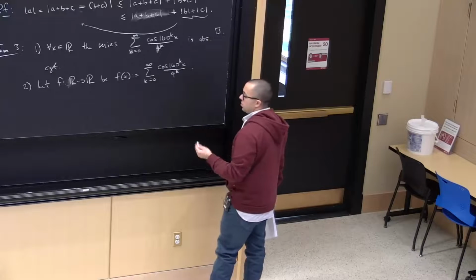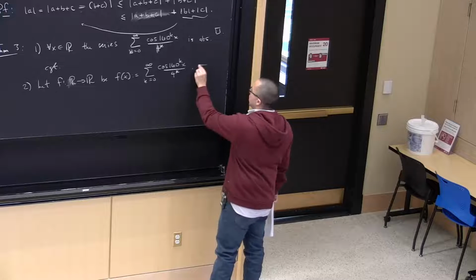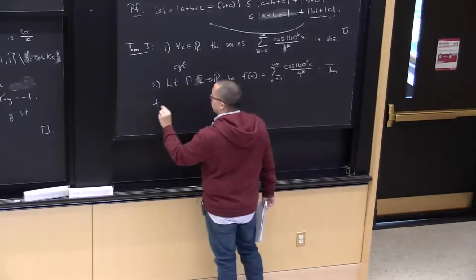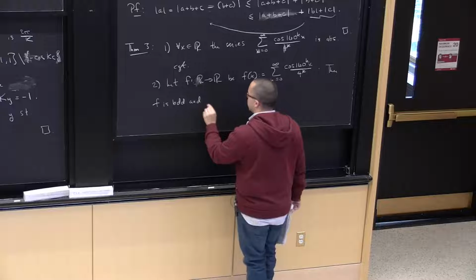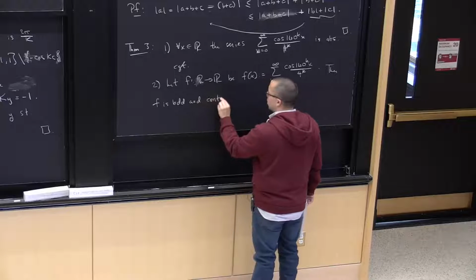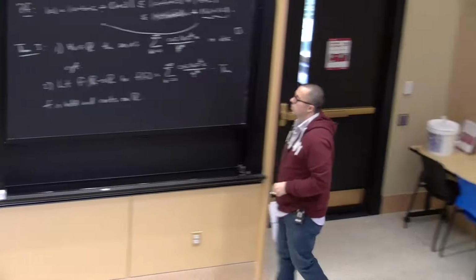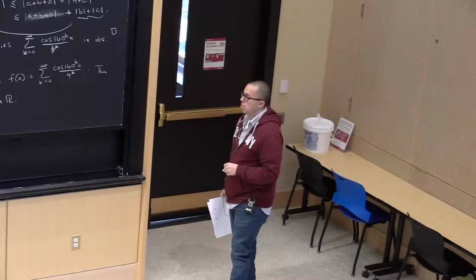So this is just a function. I just put in x, I get out a real number. Then the claim is that f is bounded and continuous. Okay, so this is going to be our function, which is continuous but nowhere differentiable.